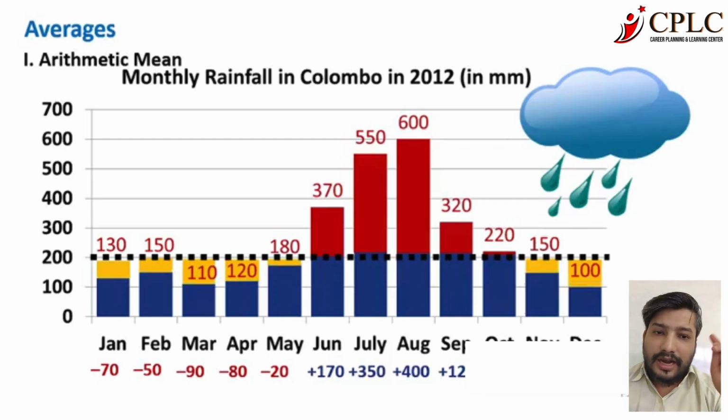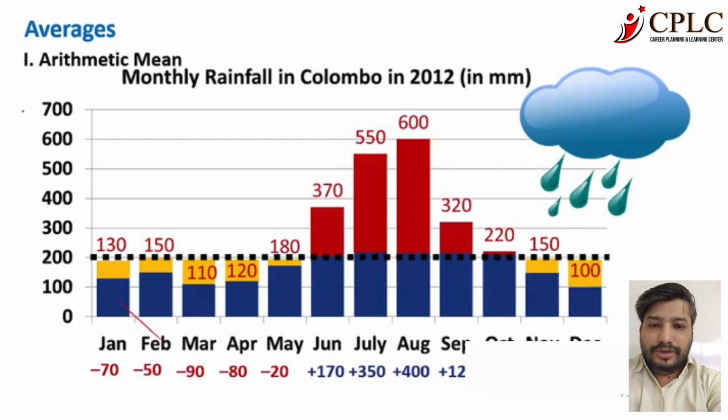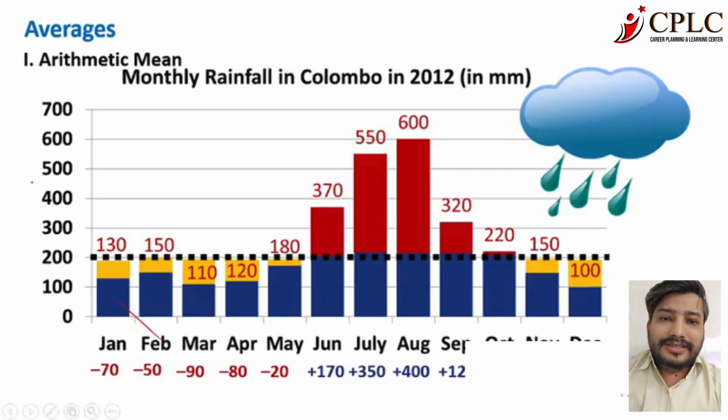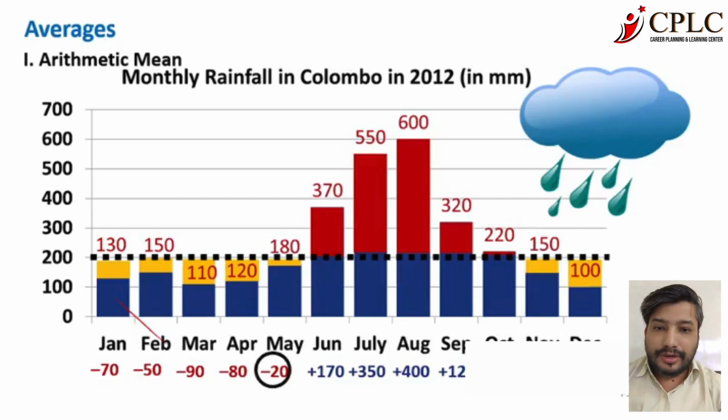Now the third and last step is the most important: you have to take the average of all these numbers. When you take the average of all these numbers, you will again be adding all the numbers and dividing by 12. And this is where your calculation gets reduced, because when you add them, there is a high chance that some of the positive and negative numbers will cancel out each other, and that is what is going to happen.